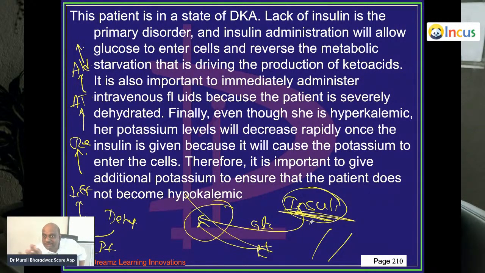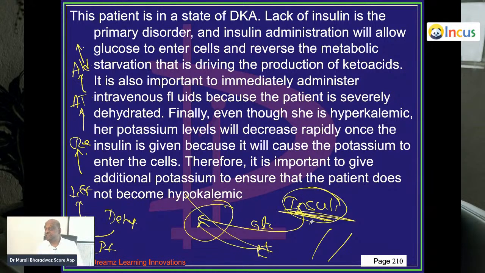But that normal does not mean total body potassium is normal. Total body potassium is diminished, but the amount of potassium in the plasma is normal. Such a patient, once you start insulin therapy, that little potassium that is there will run into cells, and suddenly his potassium levels fall down. So that is the reason.